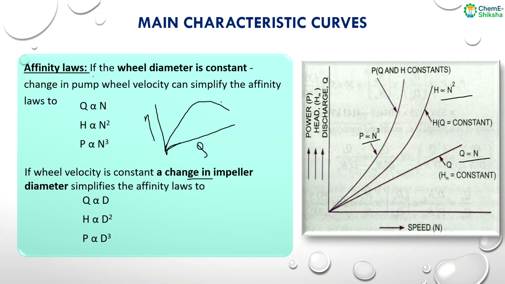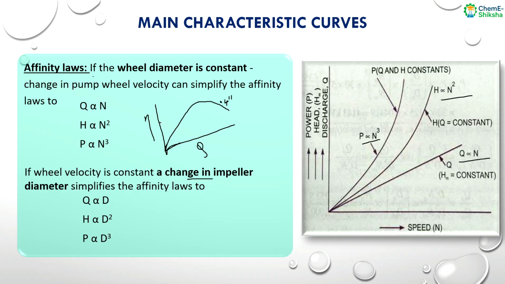Let's say this is for a particular D, the impeller diameter, say 4 inch. So for 4 inch, this is the efficiency. Let's say we want 90% efficiency.